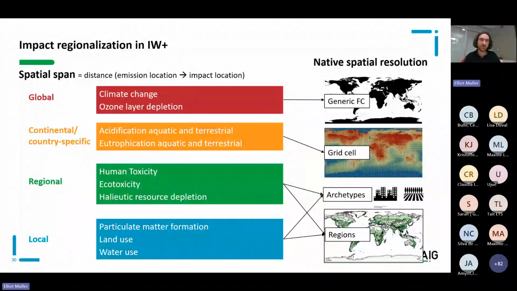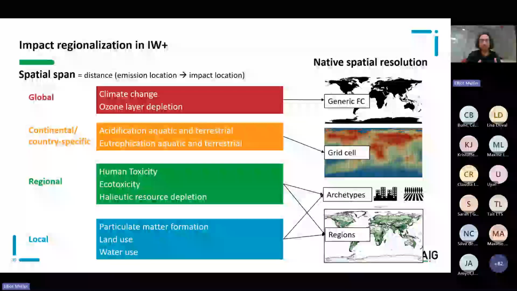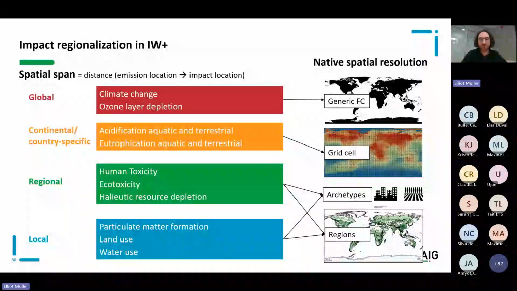That is, for example, the case for water use, where the characterization factors natively are going to be specific to the watershed where this water was taken from.